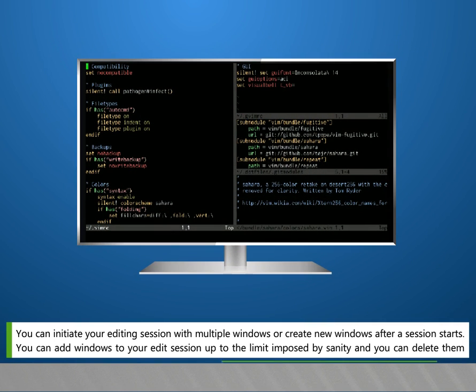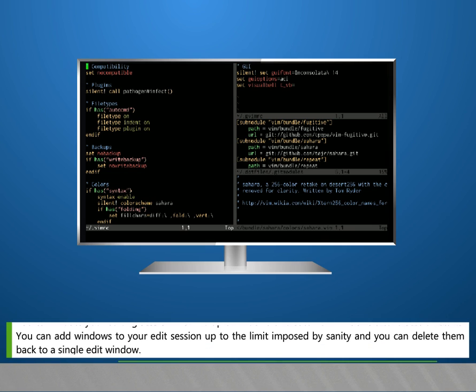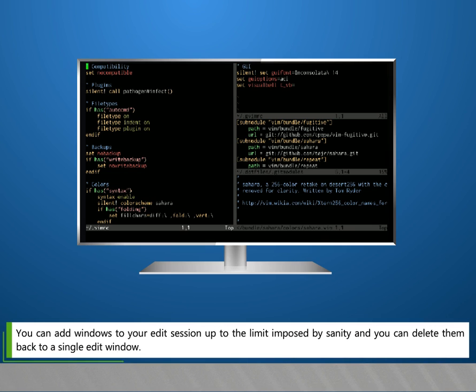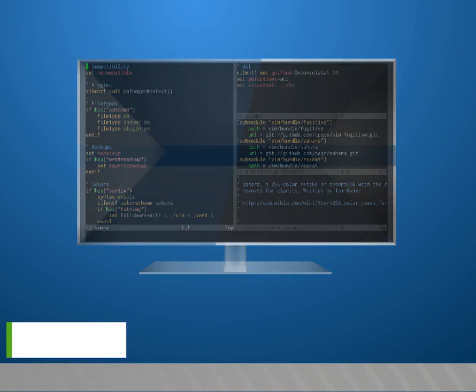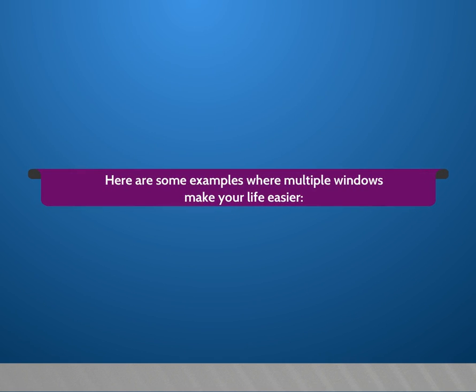You can initiate your editing session with multiple windows or create new windows after a session starts. You can add windows to your edit session up to the limit imposed by sanity, and you can delete them back to a single edit window. Here are some examples where multiple windows make your life easier.